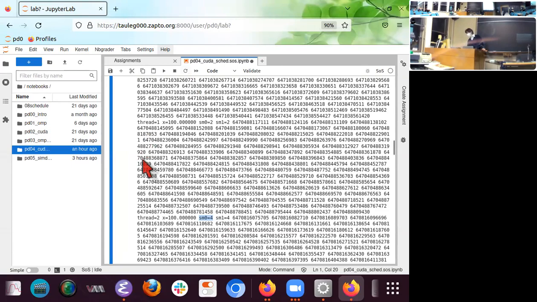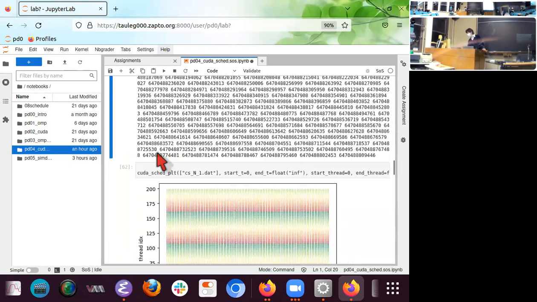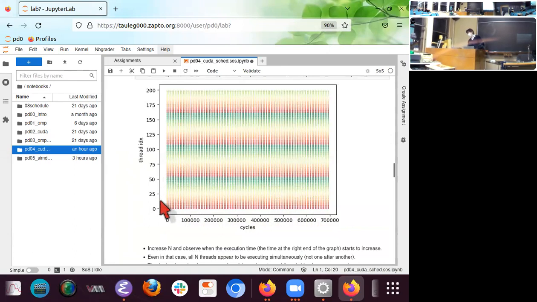So this is the reason why you see this pattern that looks like 54 distinct colors, but in fact they are actually 108 distinct colors. And this color for streaming multiprocessor 1 is almost indistinguishable from the color of streaming multiprocessor 0.